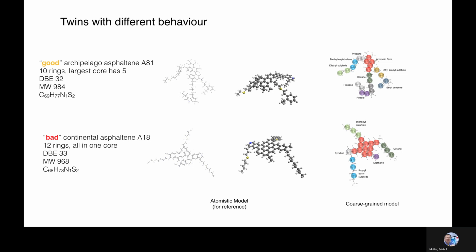The difference relies on the way that the polynuclear aromatic rings are ordered. You can see how we've built an asphaltene molecule out of pieces. They're both Frankenstein molecules built from smaller pieces, which we recognize when we look at the fully atomistic description of these molecules.